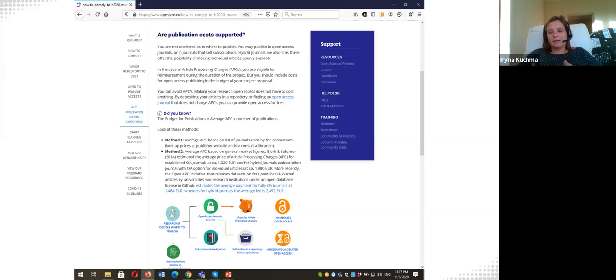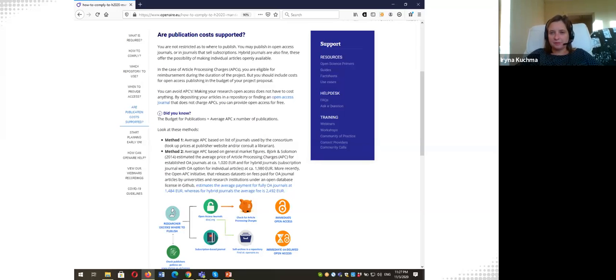But unfortunately, those journals where researchers from Europe would really like to publish, most of them do charge. And funders say that article processing charges are eligible costs, but they should be budgeted in the project proposals.